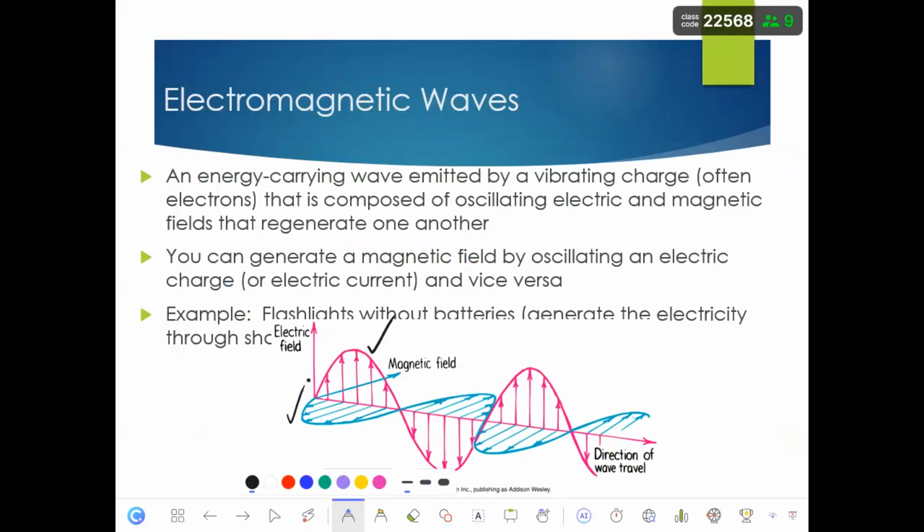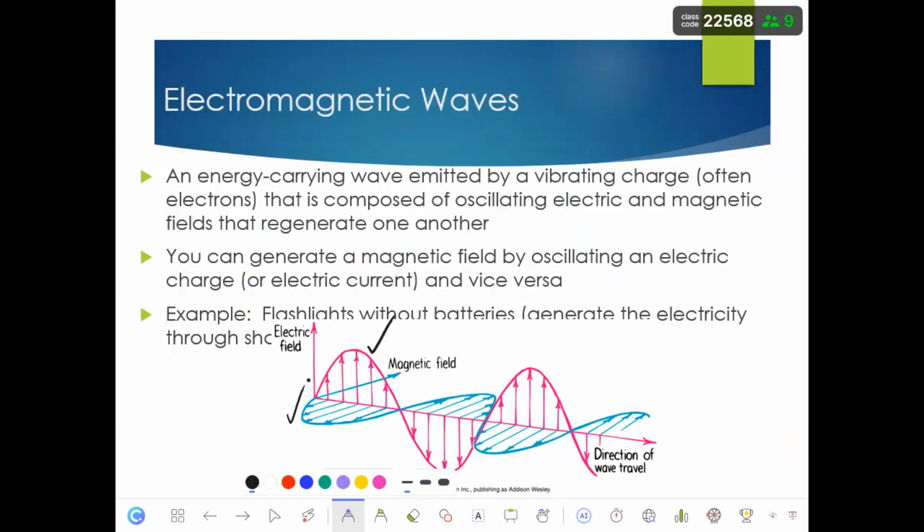The combination of these two fields is electromagnetic waves, and this is carrying energy. What energy? Electromagnetic energy. So again, how is the electromagnetic wave created? If you have a charged particle and this charged particle starts vibrating, it creates electromagnetic waves, and electromagnetic waves carry energy.